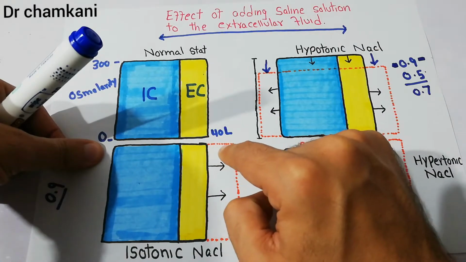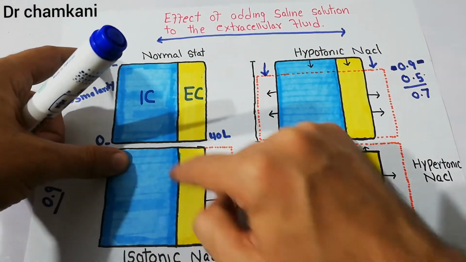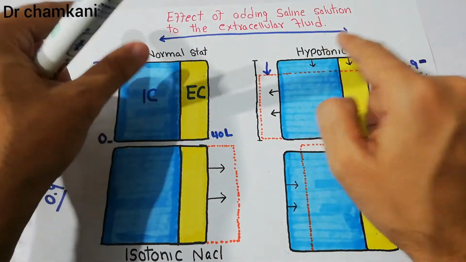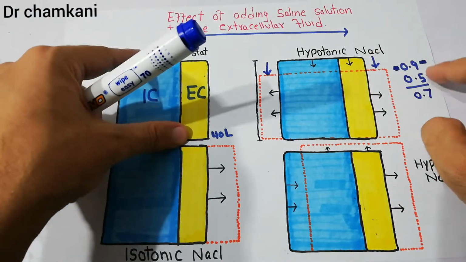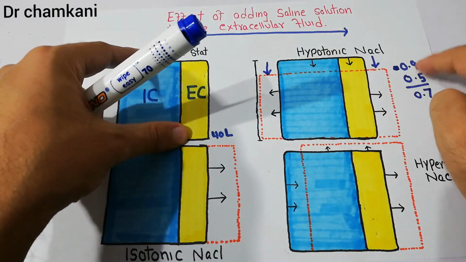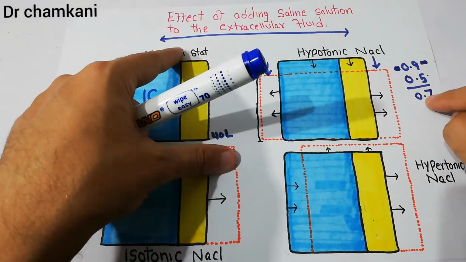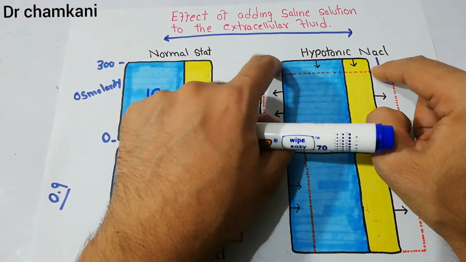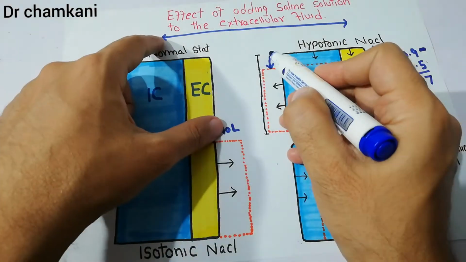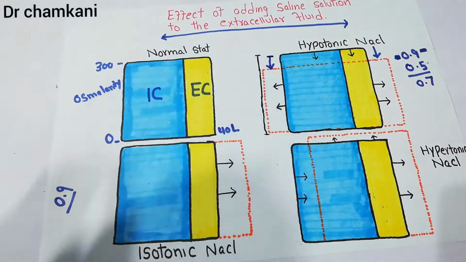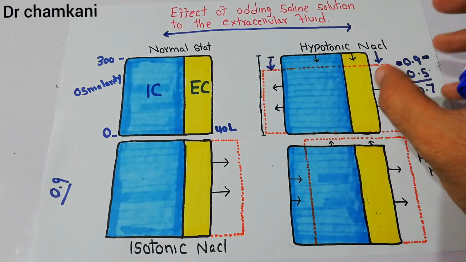No change in the osmolarity and no change in the intracellular fluid volume. But by adding hypotonic saline, the tonicity of the fluid is lower than the normal body osmolarity, so it brings down the osmolarity, and it distributes evenly.